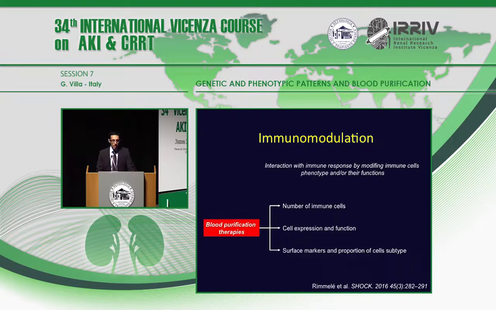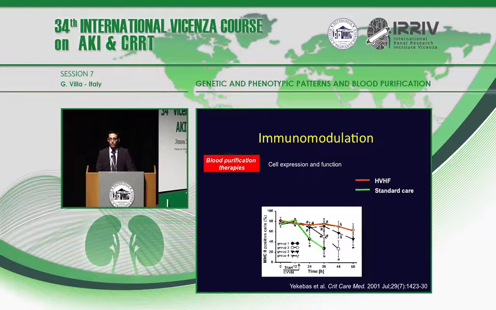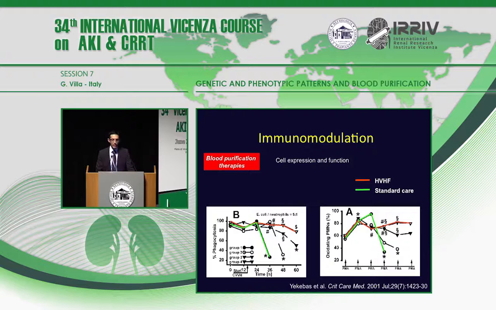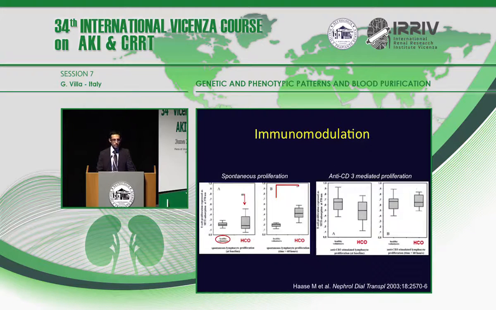On the other hand, we can modulate cell expression and function in several cells, for example, through the increase in the capability to present the antigen during, in this case, a high volume hemofiltration, or the capability to increase phagocytosis, or the possibility to digest the microorganism, in the monocyte macrophage system.